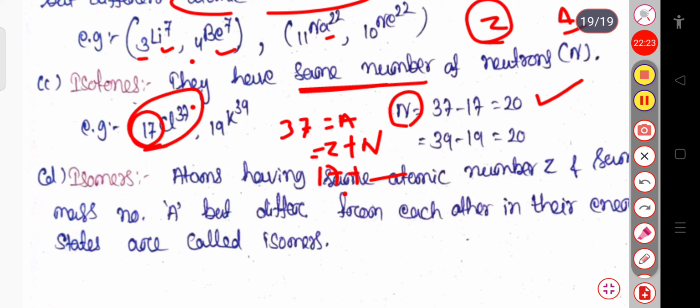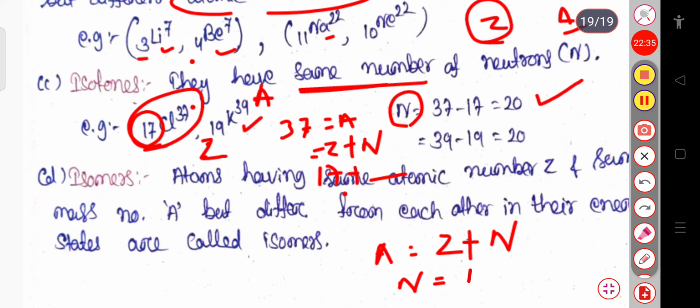Similarly for K, it will be 39 minus 19, where this is A and this is Z. Since A equals Z plus N, the value of N equals A minus Z, so this will be 39 minus 19, also 20. So they all have the same number of neutrons, and we can say that these are called isotones.